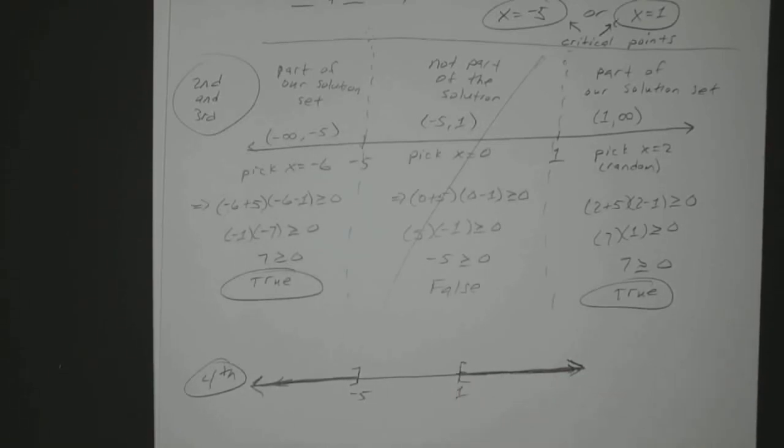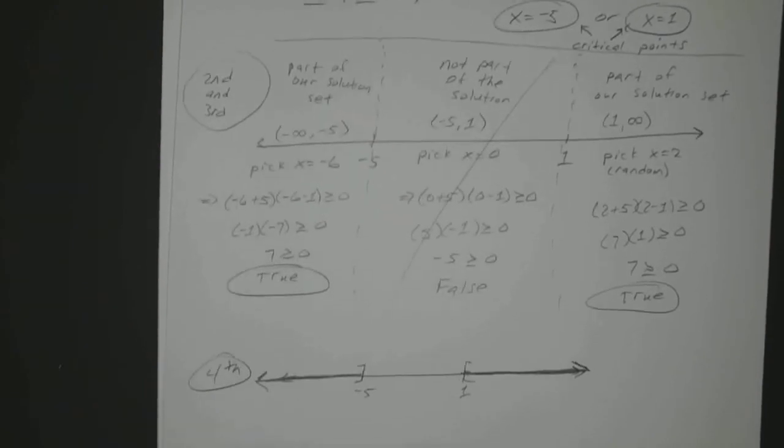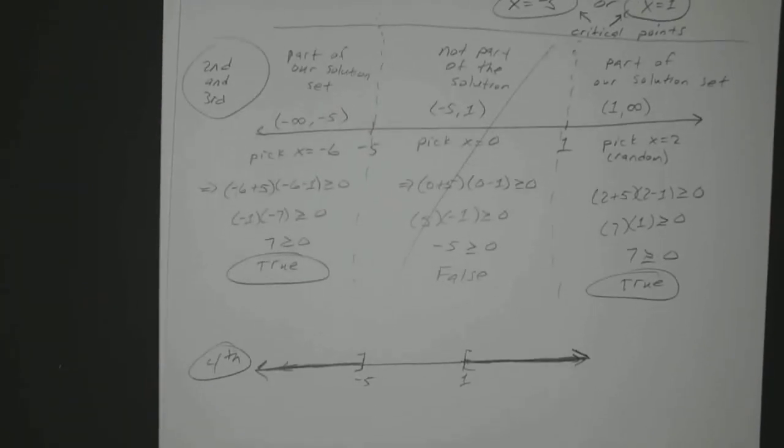So everything here. And we're using the brackets because we have greater than or equal to. Whenever you have that equal to underneath, you're going to use brackets. So your solution interval is from negative infinity to negative 5, again using brackets, or from 1 to positive infinity.